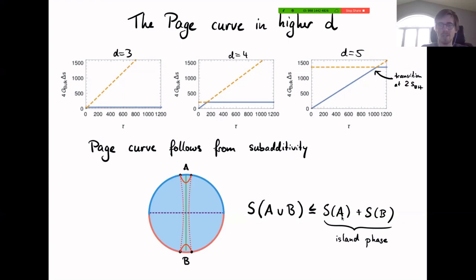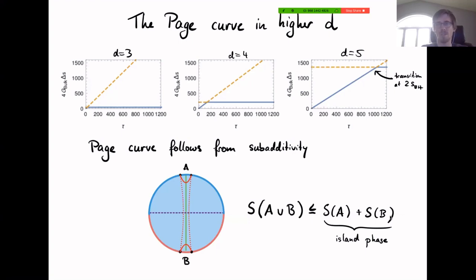If you look at what RT surfaces this corresponds to, S_A plus S_B are RT surfaces which cut through the brane, so are in the island phase. And S_{A union B} are the ones which connect to the horizon, the thing that grows. We know that this grows, but at some point, by standard sub-additivity, it must be bounded from above by something that is constant.